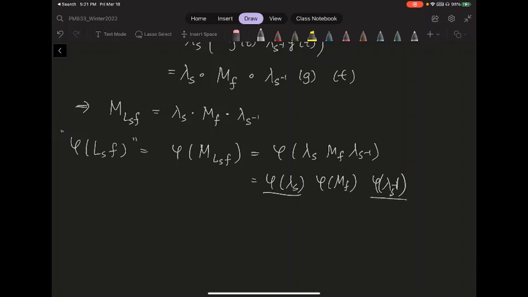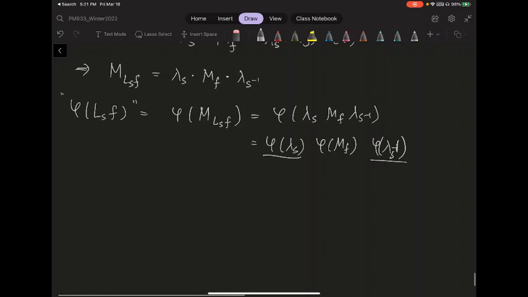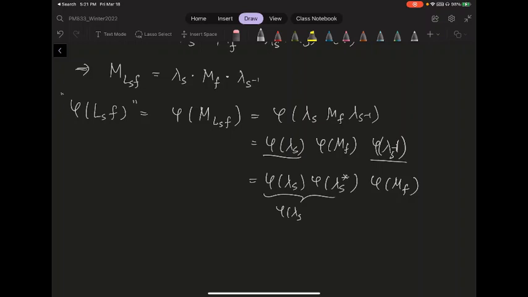But these two will multiply to 1, okay? You realize, phi is a functional, so these are complex numbers, so now you can move them around. So you group them together, you have lambda s, phi of lambda s inverse, or really because it's unitary here, it's a lambda s star. And then you have phi of m_f, and they multiply to phi of lambda s star, which should give you 1, okay?